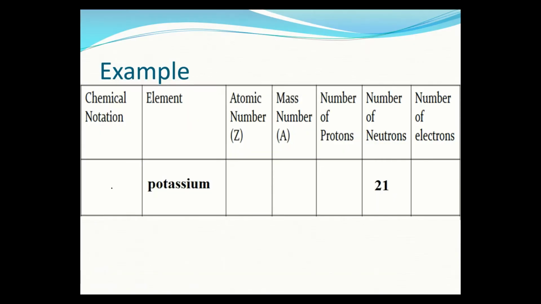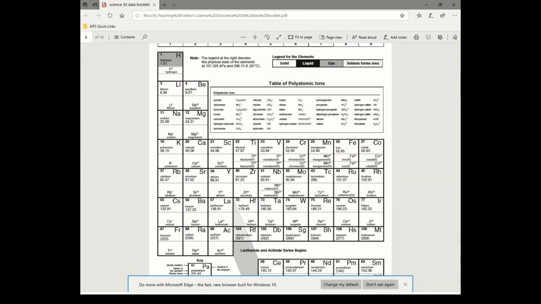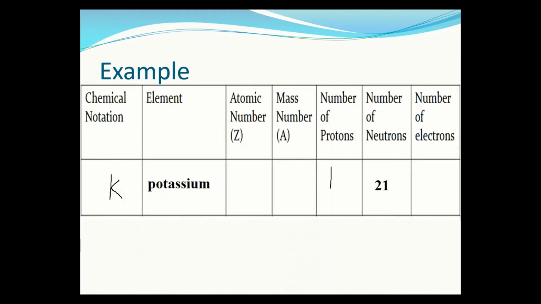So I'm going to fill in the symbol K. They tell me how many neutrons I have. And for it to be potassium, it has to have 19 protons. So I also know 19 protons. Protons and atomic number are the same thing. And then it's always going to have the same number of protons as electrons, so we can fill that all in.